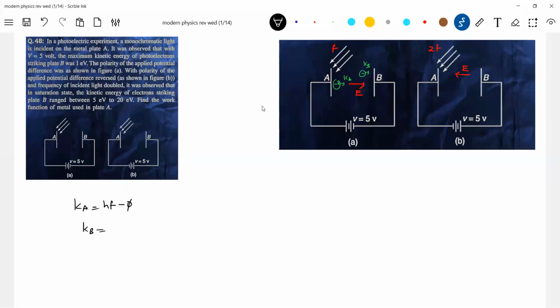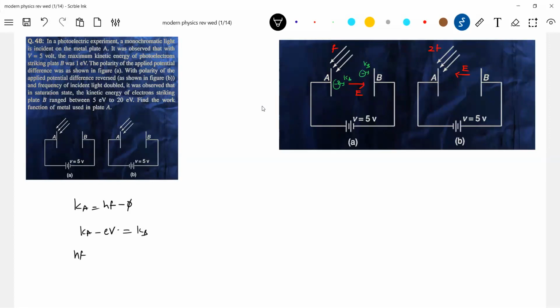So Kb, or write like this: Ka plus E into V, applied potential difference V, minus Kb equal to 0. Why this equation? Because the electrostatic field does negative work, no? So therefore we'll write it like this.